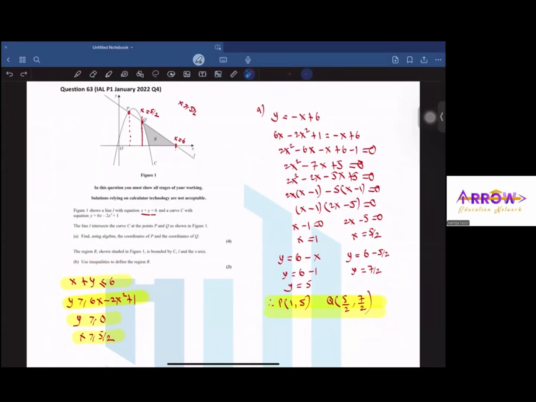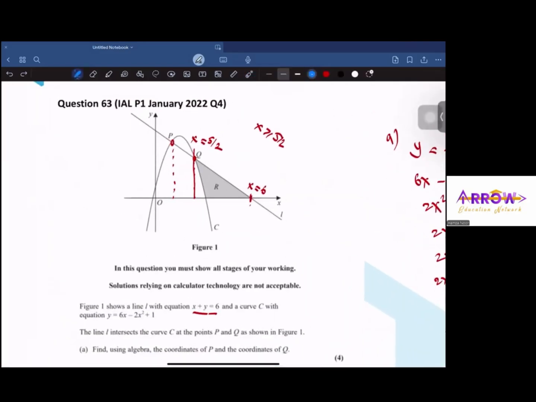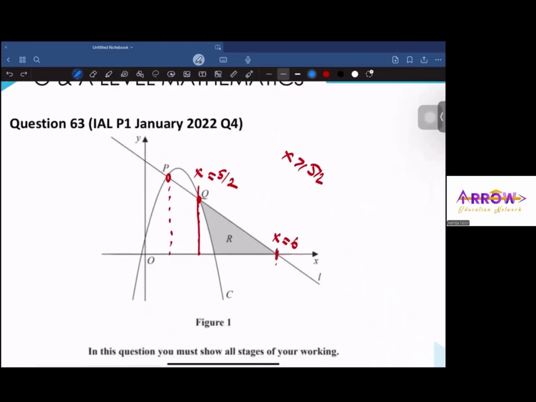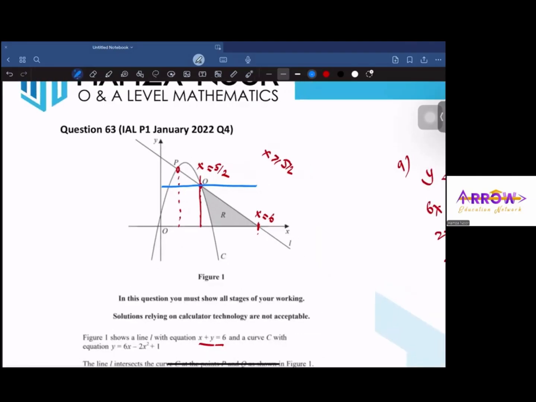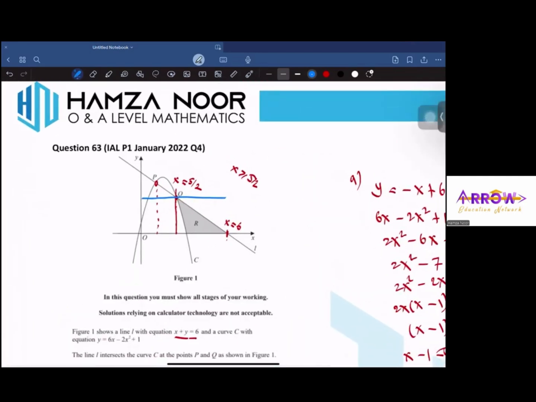And one more thing which I would like to discuss over here, one last thing, is that when we say that the region R is above the x-axis, we are saying that y is greater than or equal to 0. But if we see the y coordinate of point Q, if we make a horizontal line over here, the y coordinate of Q is 3.5, meaning y is equal to 7 over 2. Here we have a horizontal line.